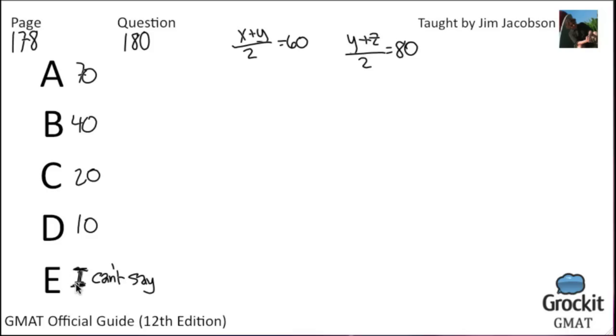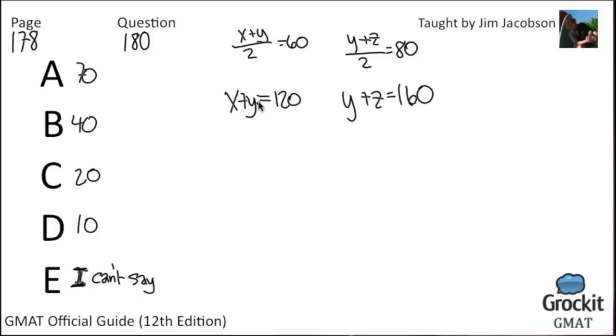However, in this particular case, we are not actually solving for a variable. We are solving for a relationship between two variables, and that you can do with only two equations. First off, let's get rid of the fractions. So x plus y equals 120 and y plus z equals 160. Remember, we're trying to solve for z minus x.